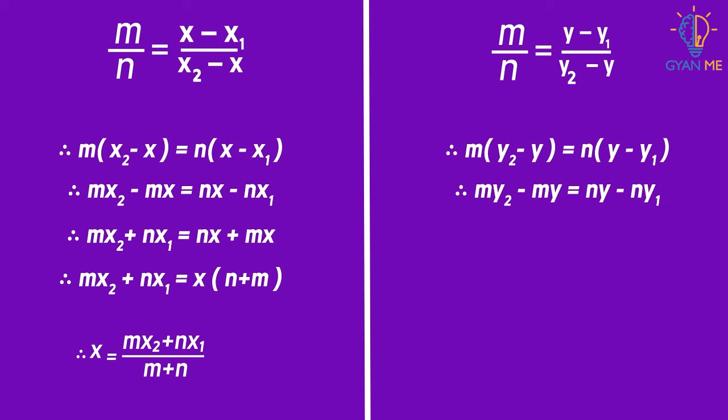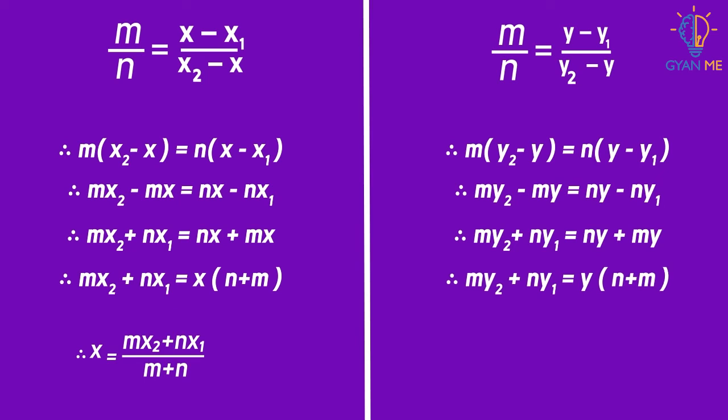On further solving, we get my2 plus ny1 is equal to ny plus my. Therefore, my2 plus ny1 is equal to y into m plus n. Therefore, my2 plus ny1 upon m plus n is equal to y. After rearranging, we get y is equal to my2 plus ny1 upon m plus n.